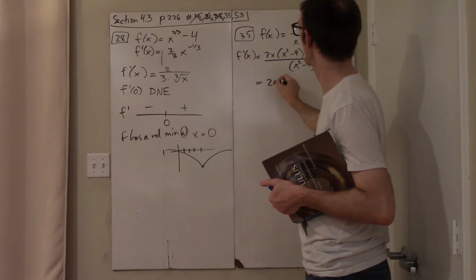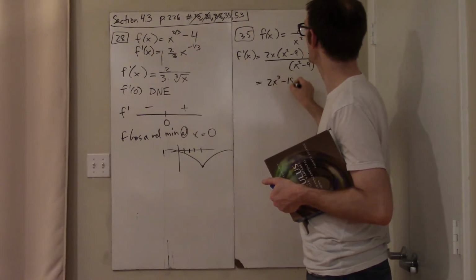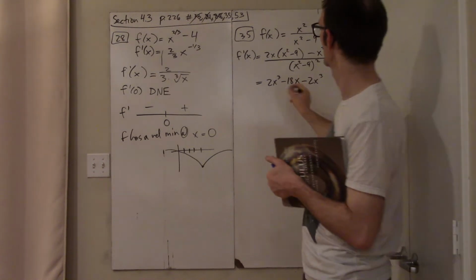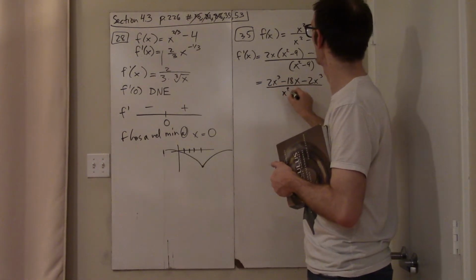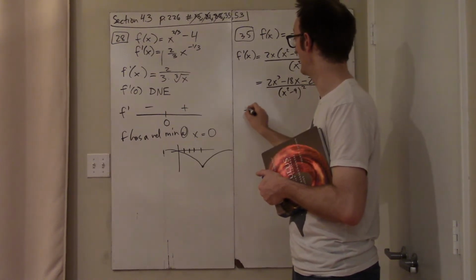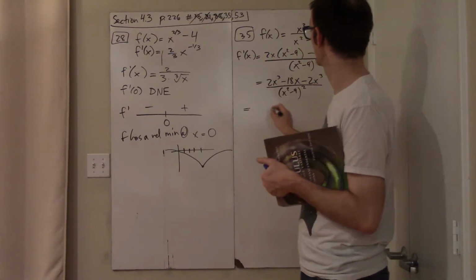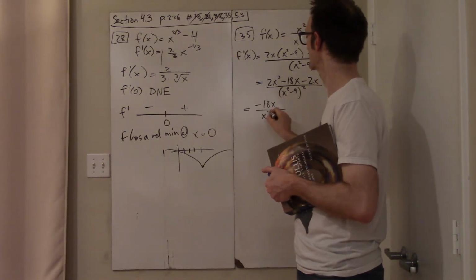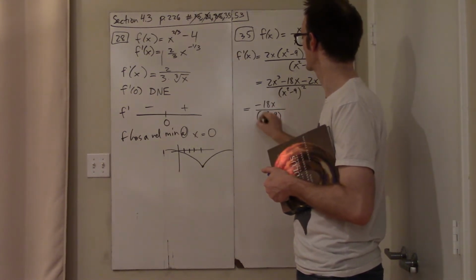That gives me 2x cubed minus 18x minus 2x cubed. That's actually quite nice, all over x squared minus 9 squared. So really, this derivative just becomes negative 18x over x squared minus 9 squared.